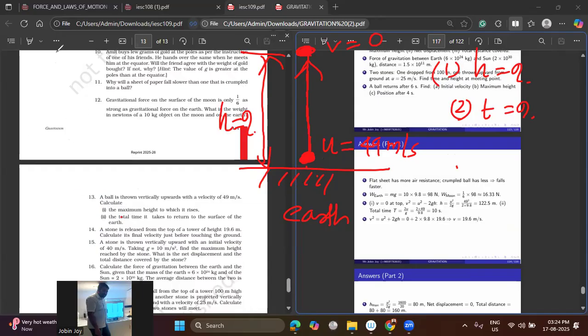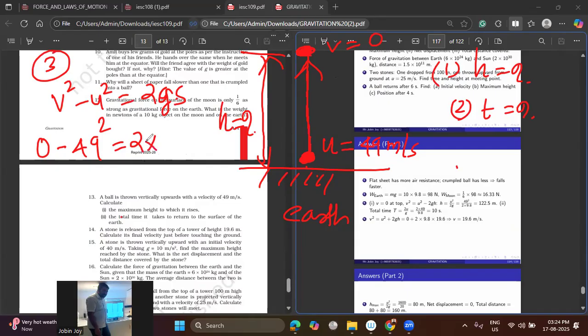So what is the third equation of motion? V square minus U square is equal to 2gs. Here, the final velocity is 0. So 0 minus the initial velocity, which is 49, so 49 square is equal to 2 into.